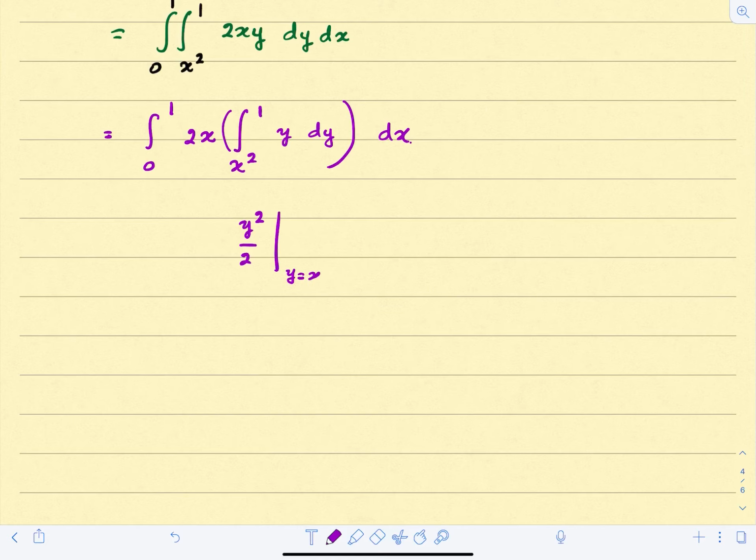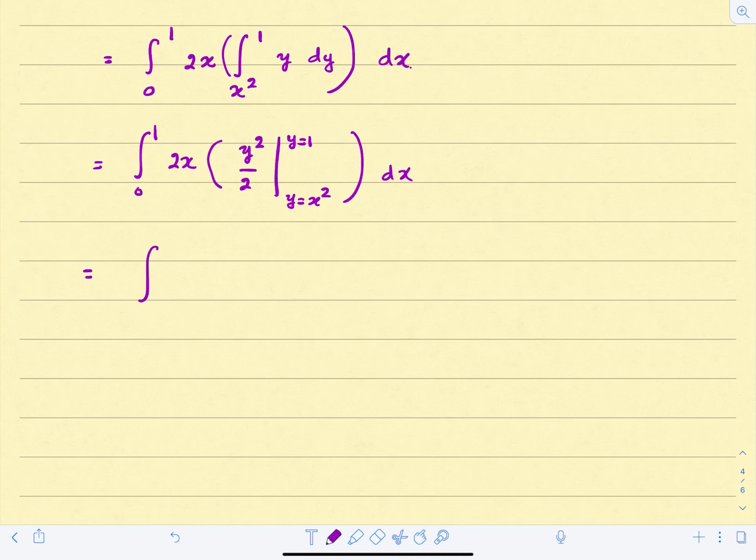The lower limit is x squared, the upper limit is 1, dx, times 2x from 0 to 1. Apply the upper limit first, and we get 1/2 minus the square of x squared over 2, dx.